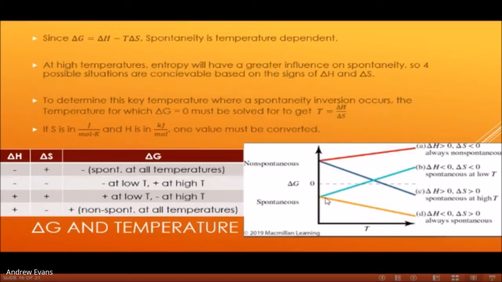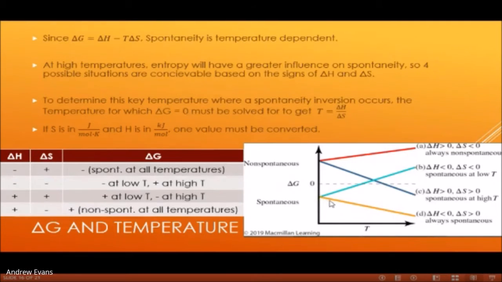If we have a negative delta H and a positive delta S, because it's negative T delta S, a positive delta S means delta G would become even more negative. So there'll be no situations where delta G would be 0.